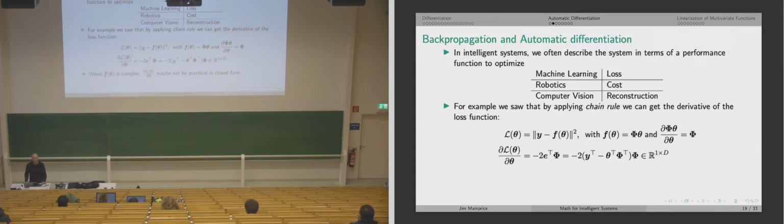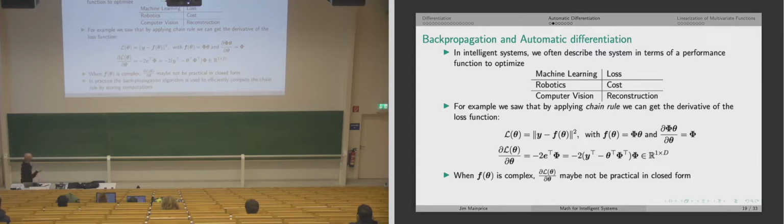But what do we do when F is too complicated to proceed by having a closed form solution, by just identifying maybe 2 or 3 compositions and then computing the analytical closed form solution?